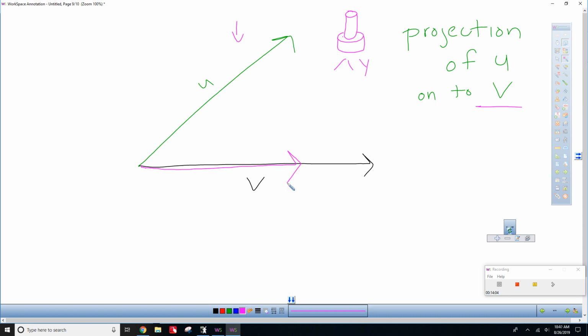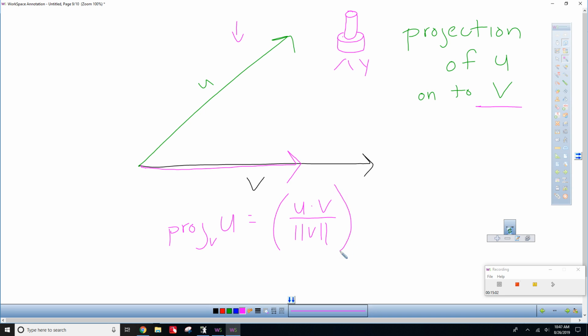Okay? So the equation for the projection of U onto V. This is weird notation, so I wanted to write it. The projection of U onto V, that's how it's written in many math textbooks, is you use the dot product, so it's U dot V, keep in mind, that's a scalar, that's a number, over the magnitude of V, that's also a number.